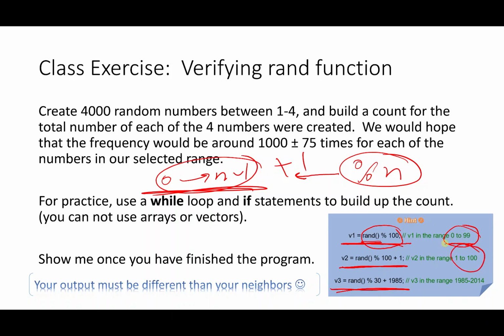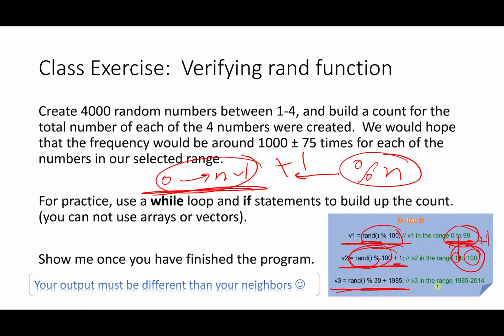1 to 100, 0 to 99 plus 1, which gives you 1, 0 plus 1, here is the 1, 99 plus 1, here is the 100. Right? This thing plus 1. If you want something in a specific range, you do it this way.